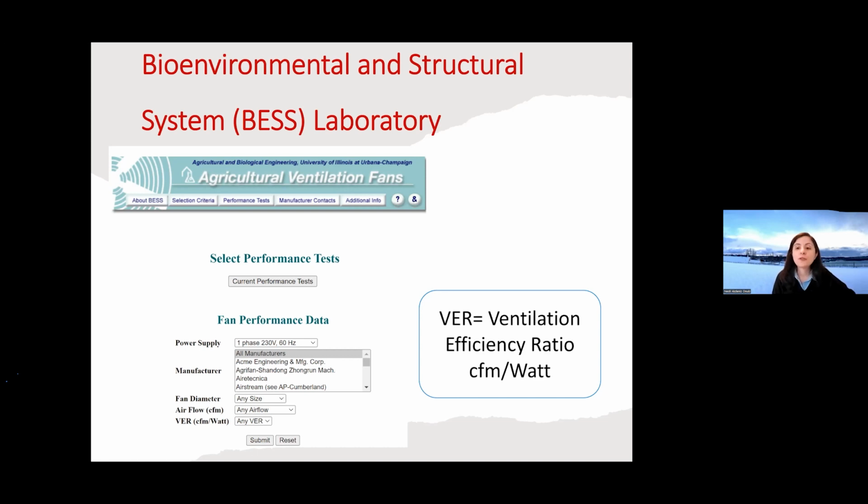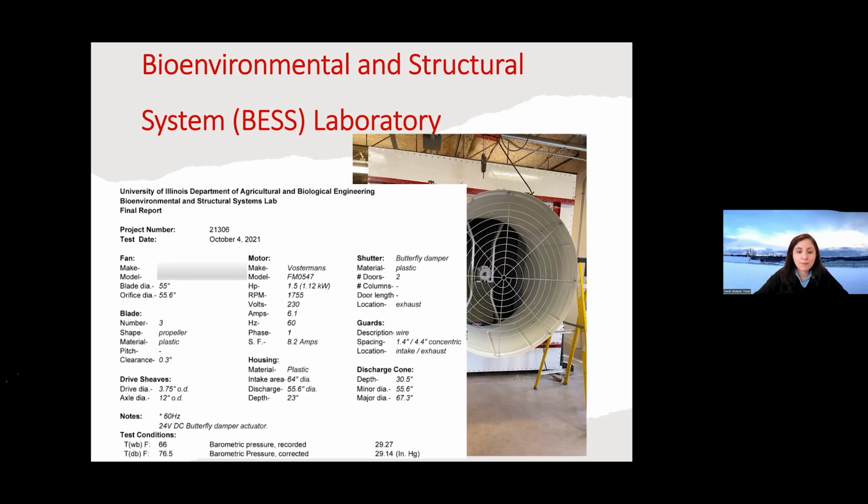CFM is cubic feet per minute, so the volume of air we are drawing from a barn in 1 minute versus how much energy we are spending to do that job. That is called the efficiency ratio. If you want to see all your options, you can select all manufacturers and submit the form.